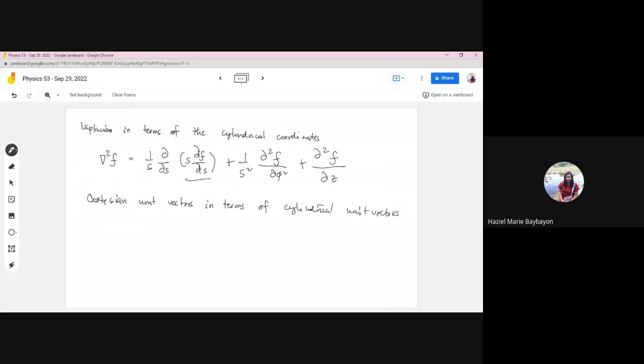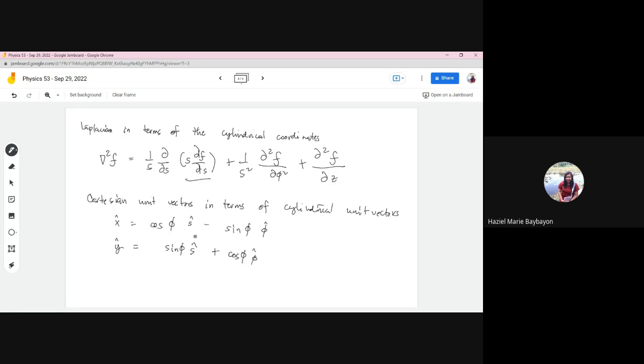Okay, so you can visualize this one, class, geometrically. You have x hat equals cosine phi s hat minus sine phi phi hat, and then your y hat is equal to sine phi s hat plus cosine phi phi hat.